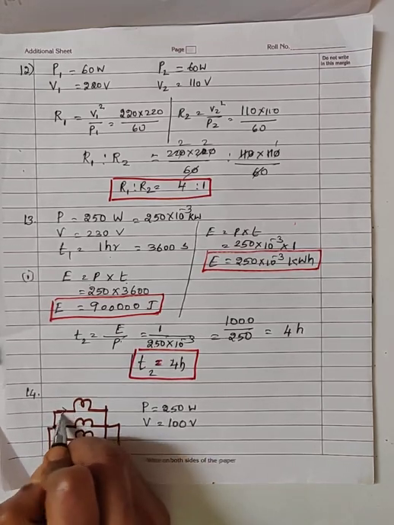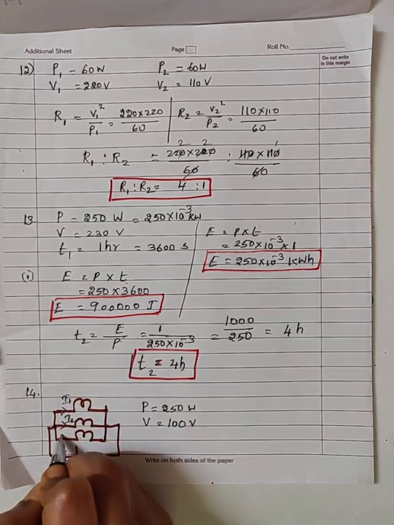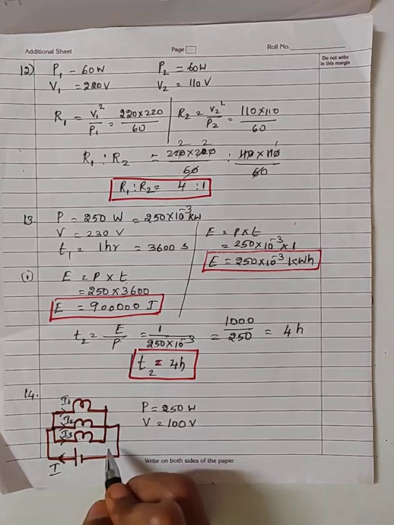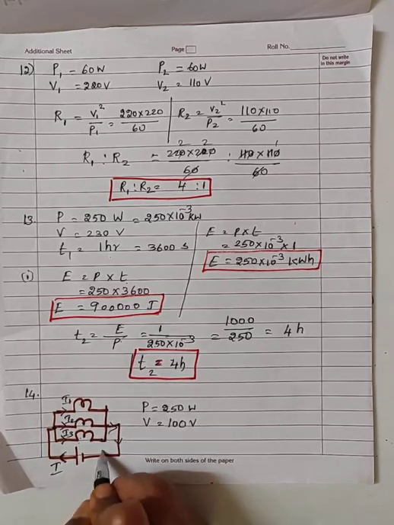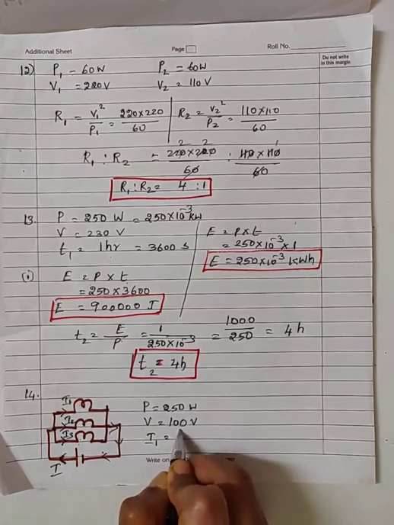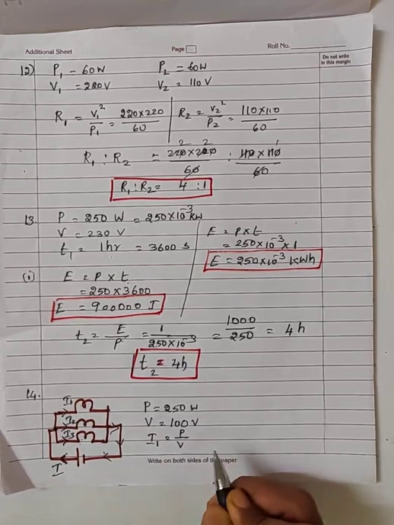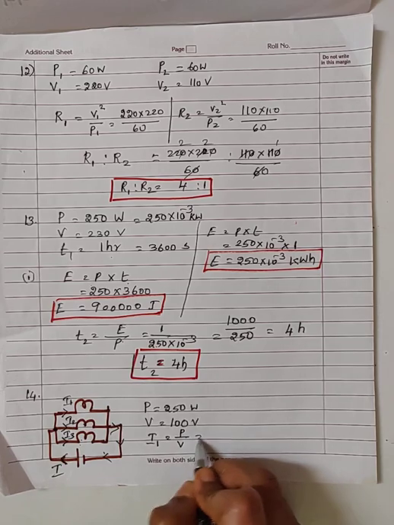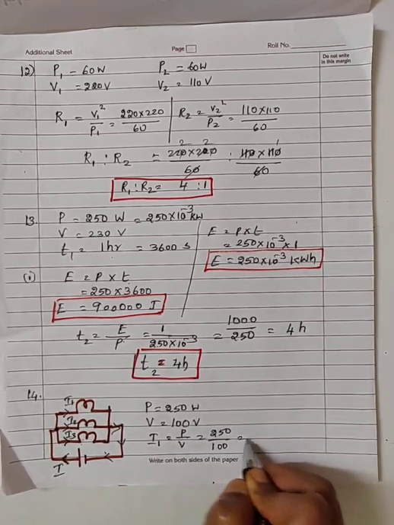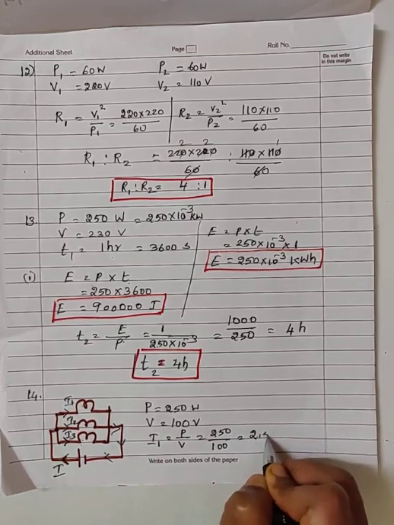The current I branches out here, I take it as I1. I2 is the current flowing through this second heater. And I take I3 as the current flowing through the third heater. Then to find one of the currents, I1 is equal to P by V. P is given as 250 and V is given as 100, so 250 by 100 is equal to 2.5 ampere.